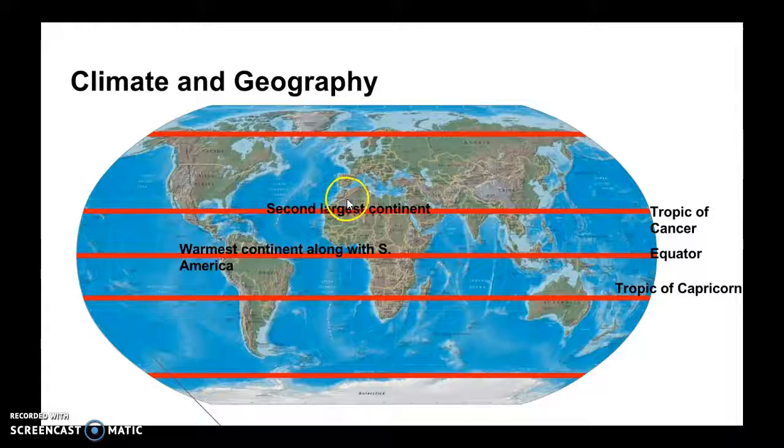Anything above the Tropic of Cancer and below the Tropic of Capricorn is considered subtropical. So it's going to get drier and less rainfall in these areas, which makes it a little bit harder to grow crops in this area.